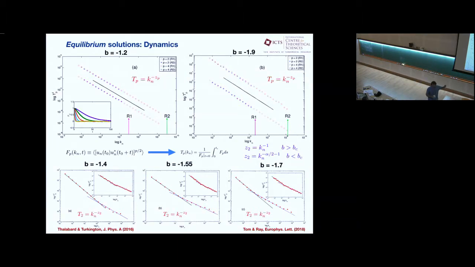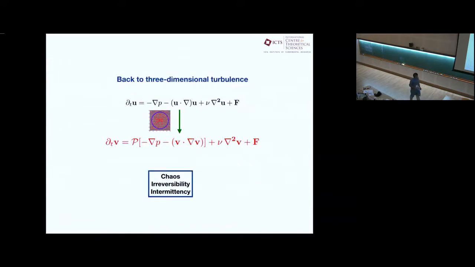So this is just to highlight that this feature of equilibrium versus non-equilibrium is not just confined to decimated Navier-Stokes, but it shows up, as we discovered very recently, in cascade models, such as the shell model.